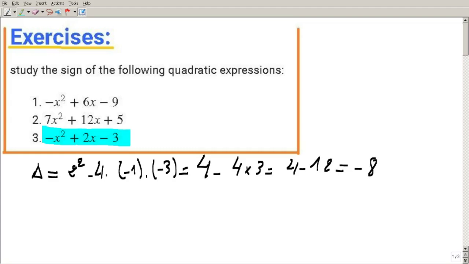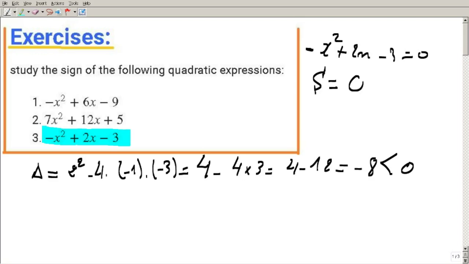In this case, the discriminant is strictly negative. So the equation minus x squared plus 2x minus 3 is equal to 0 has no solution in R. It's the empty set.